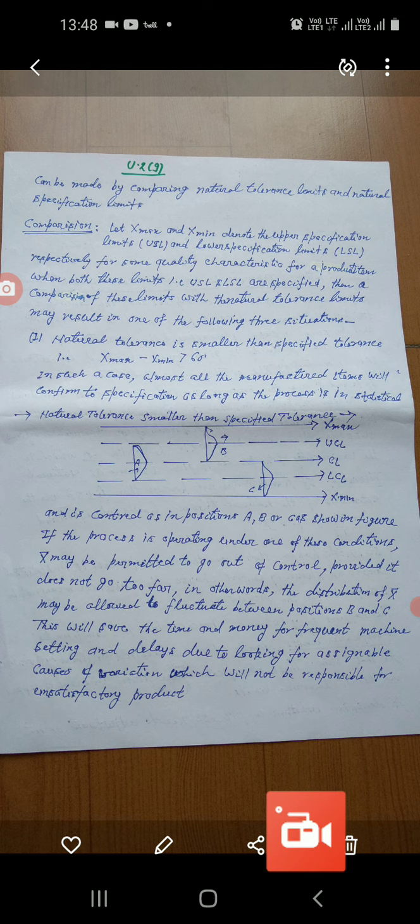Number one is that natural tolerance is smaller than specified tolerance. It means X maximum minus X minimum is greater than 6 sigma.